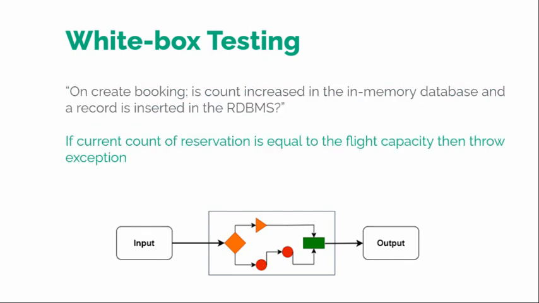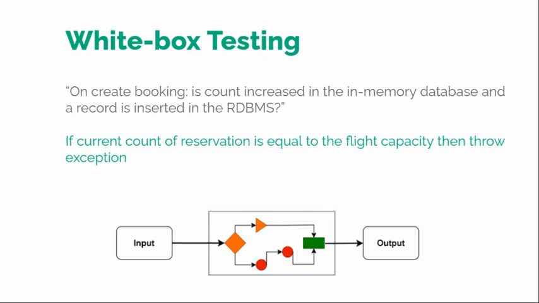An example could be: on create booking, is the count increased in the in-memory database and a record inserted in the RDBMS. Such verification is testing against one functionality where we know the code, so we understand the context. That's why we are testing accordingly.